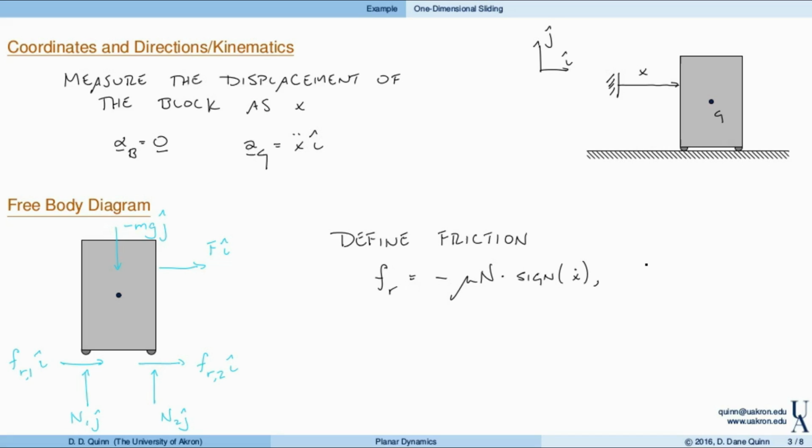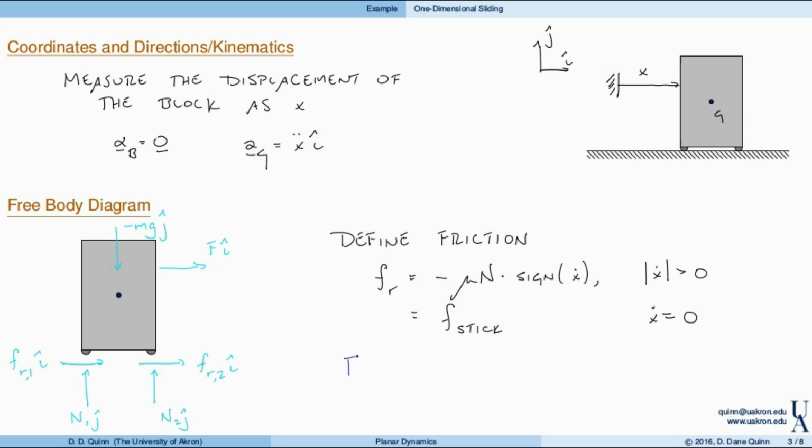So this is the value whenever x dot is not equal to 0, so when there is motion. In contrast, if the block is not moving, then the value of the friction force is whatever is required to maintain equilibrium.